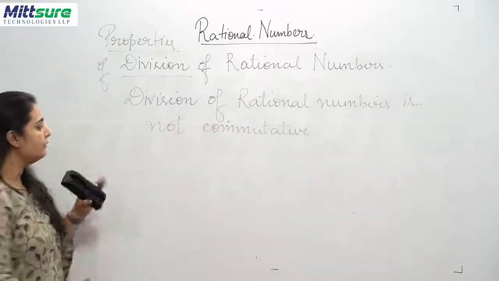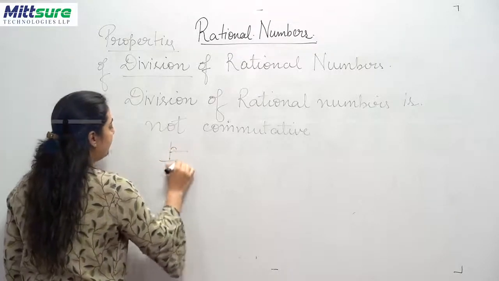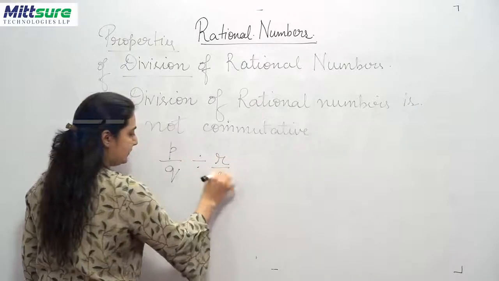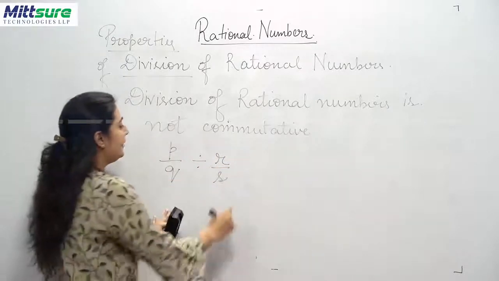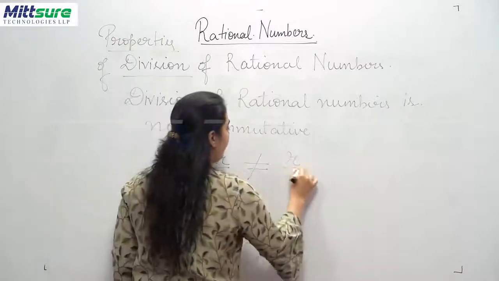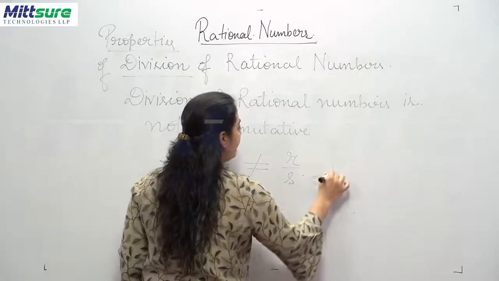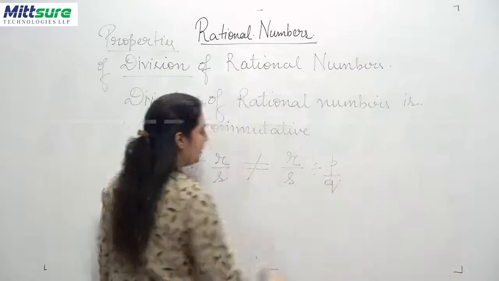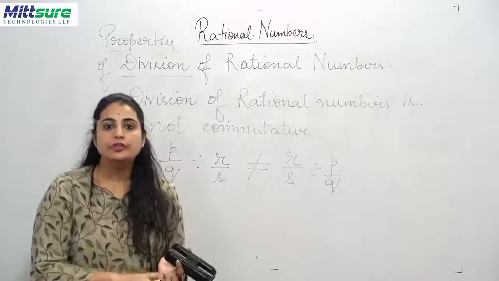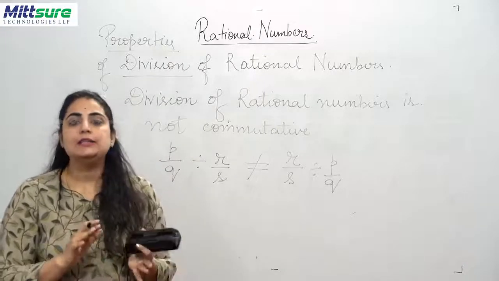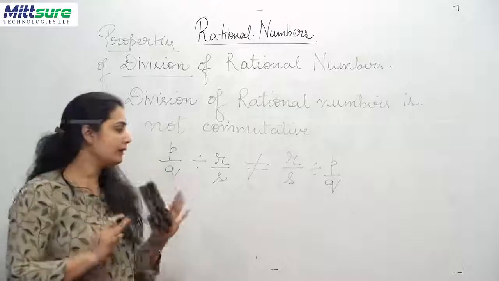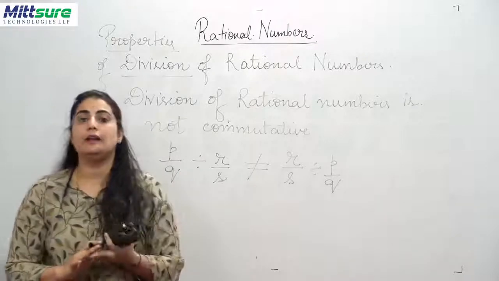That means what? If suppose you write P upon Q divided by R upon S, it will never be equal to R upon S divided by P upon Q. That means if you have changed the order in division of rational numbers, then certainly the result will not remain the same.